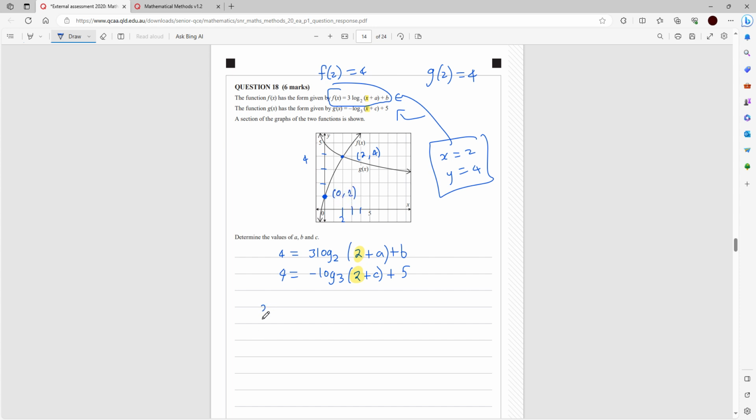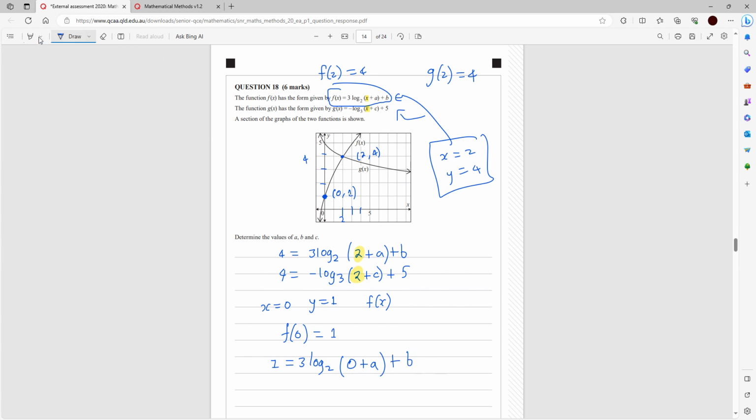So that means when x is equal to 0, y is equal to 1 for f of x, not g of x. So f of 0 is going to be 1. In other words, 1 is equal to 3 log base 2 of (0 plus a) plus b.